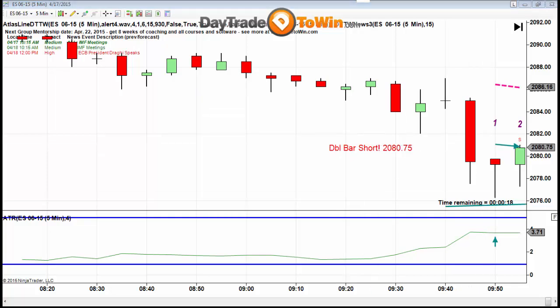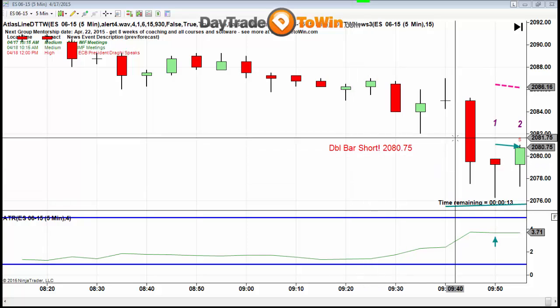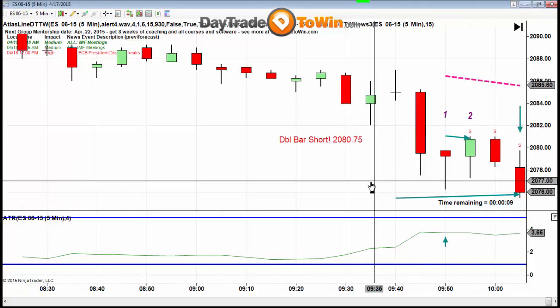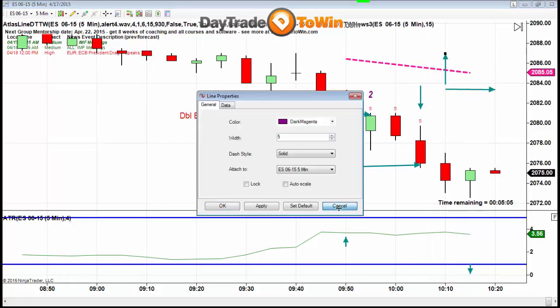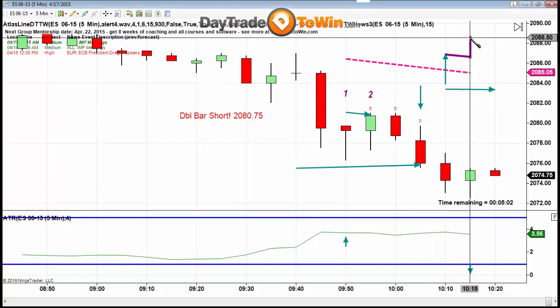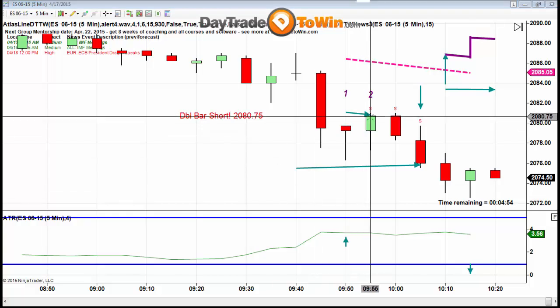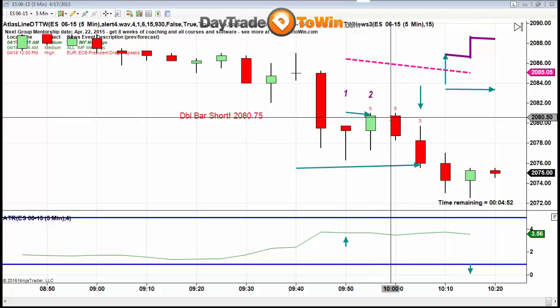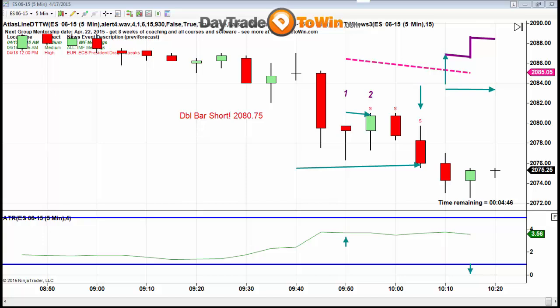There's not really a secretive entry, why 20.8075, but you should know it's because there are 2 consecutive candles closing below the Atlas line plot, or if in the future it crosses back up, it's 2 closes above. And the closing price of the second candle is the entry. Peter, so 20.8075 from this candle here to go short, 3.5 points.